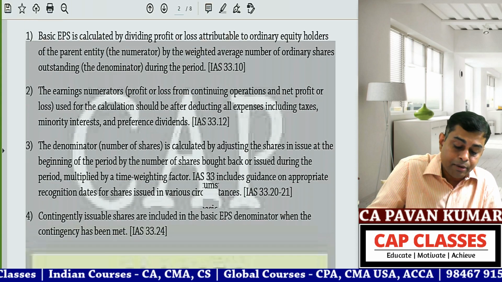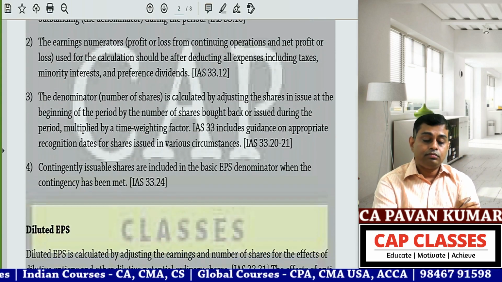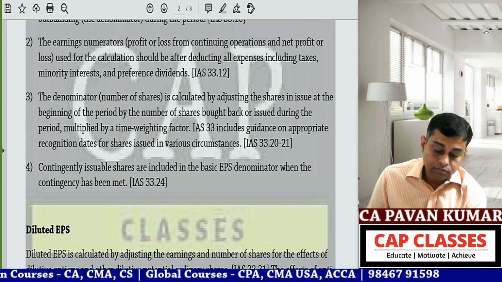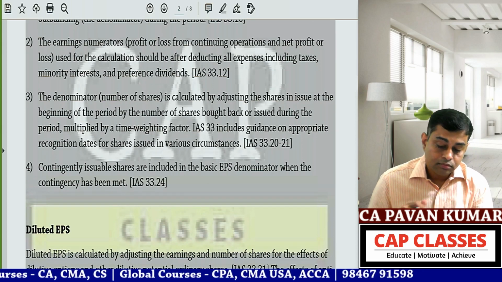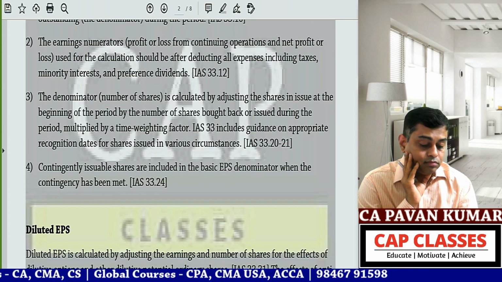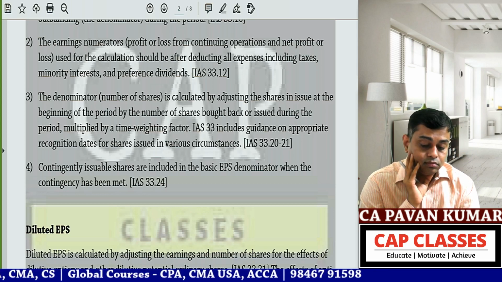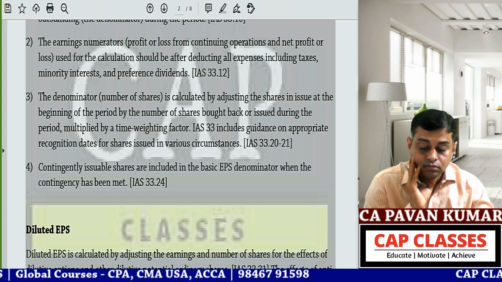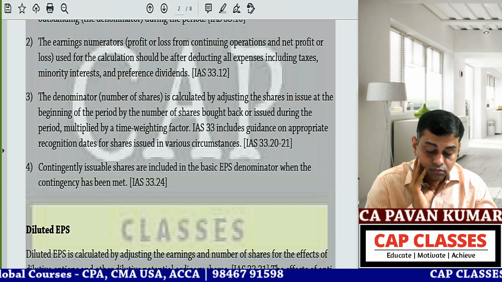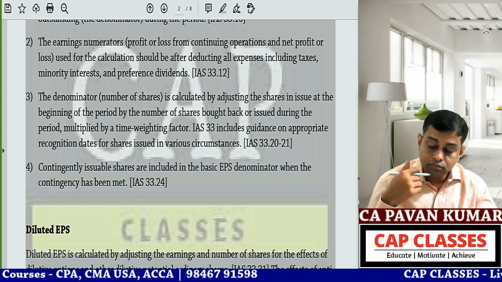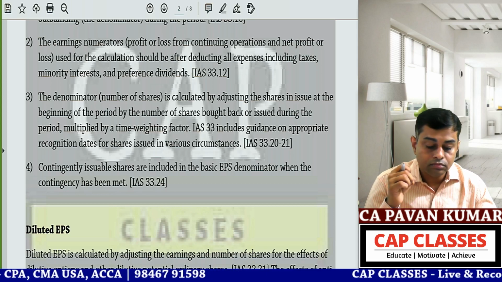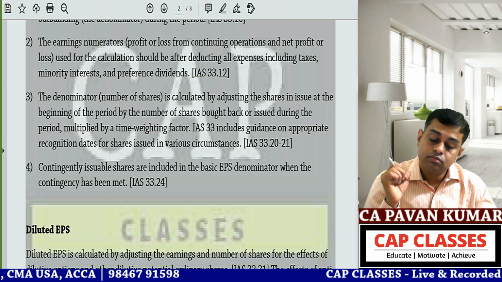Next, read 3 more. The denominator number of shares is calculated by adjusting the shares in issue at the beginning of the period by the number of shares bought back or issued during the period multiplied by a time weighting factor. IAS 33 includes guidance on appropriate recognition date for share issues in various circumstances. Super.